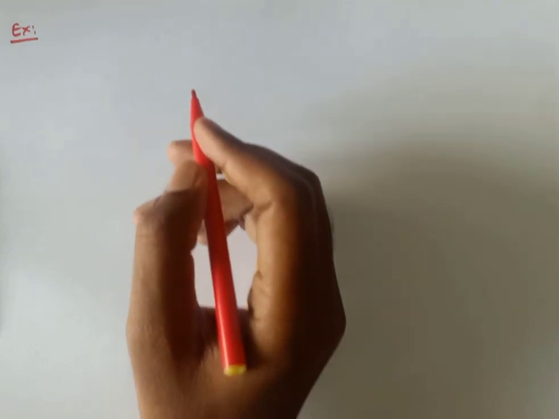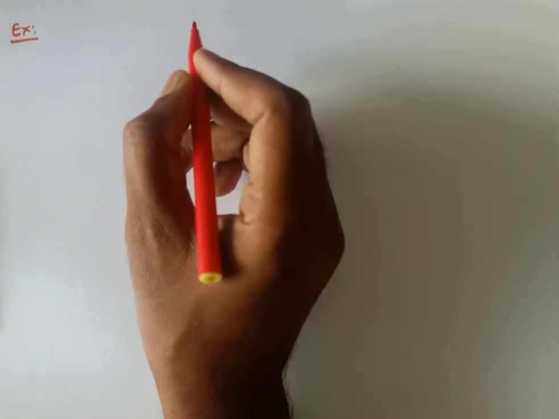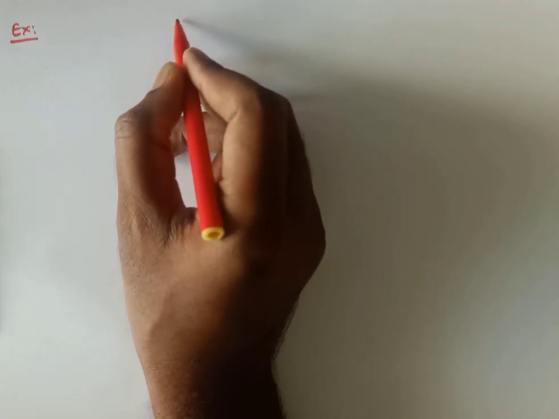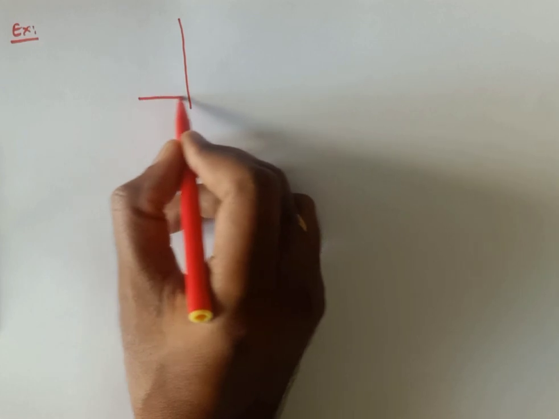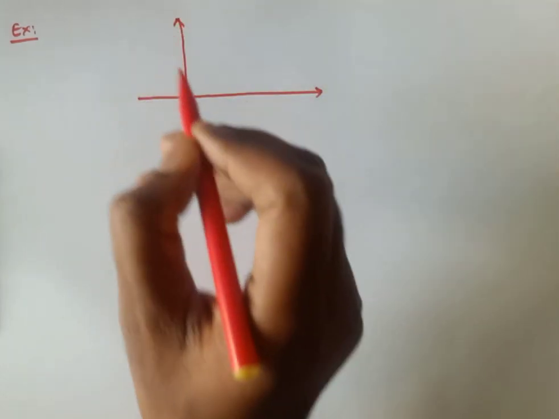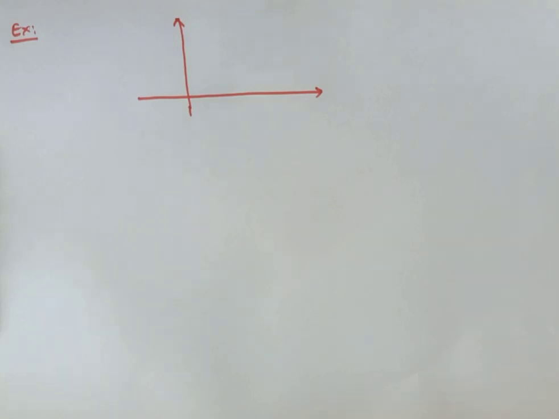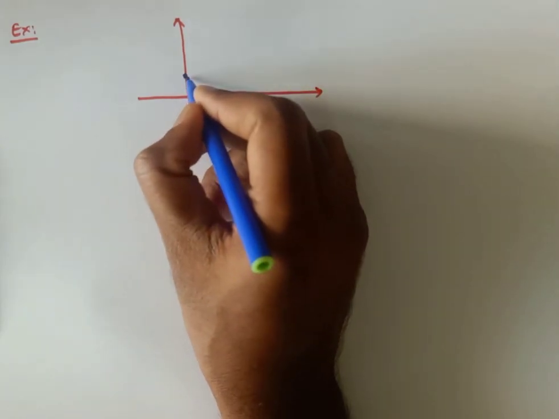So let us consider one example using graphs. How to find the limit for the given function by using the given graph? For example, the function is not given, so let us consider the graph like this.